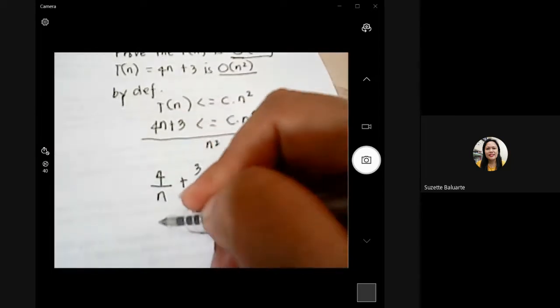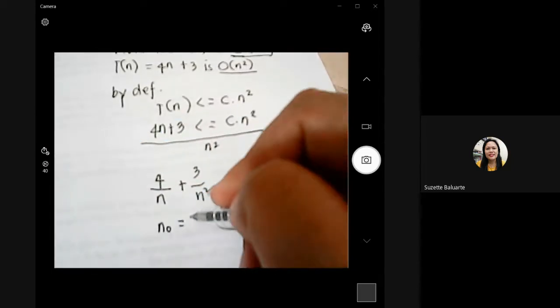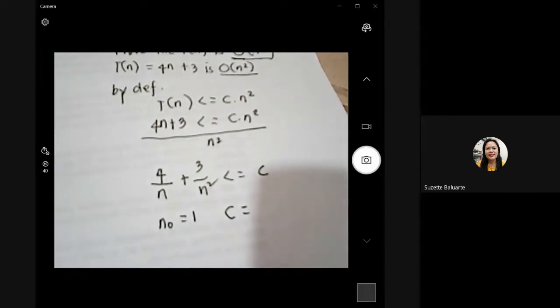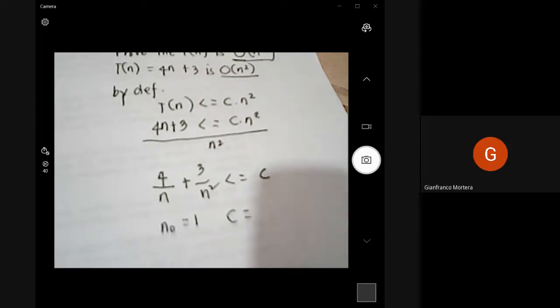So now, if your n sub 0 is equal to 1, what is the value of your C? 7, miss. Correct, 7.